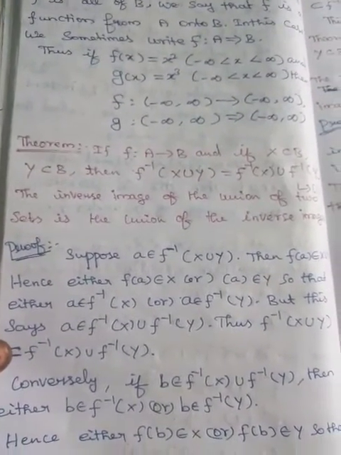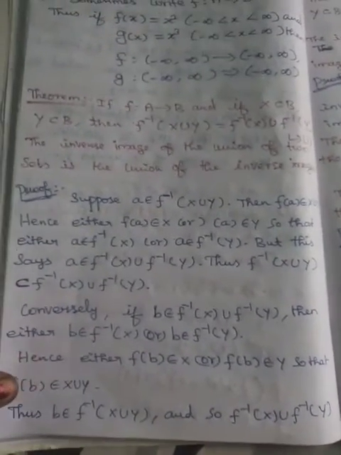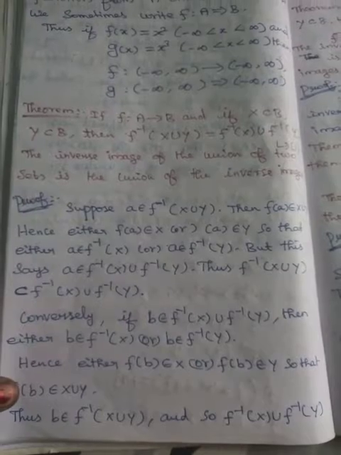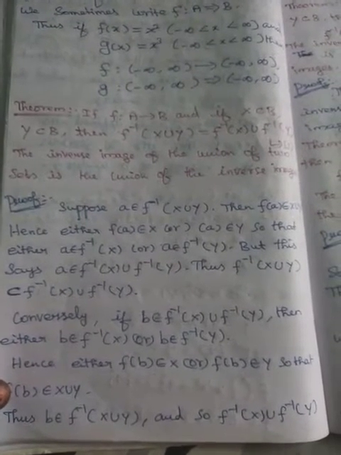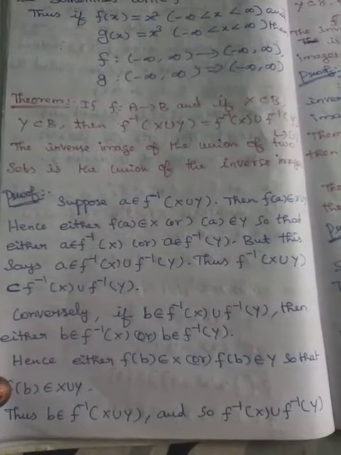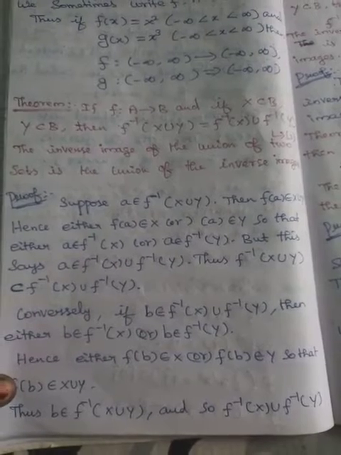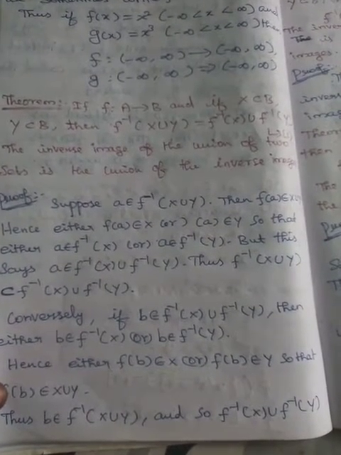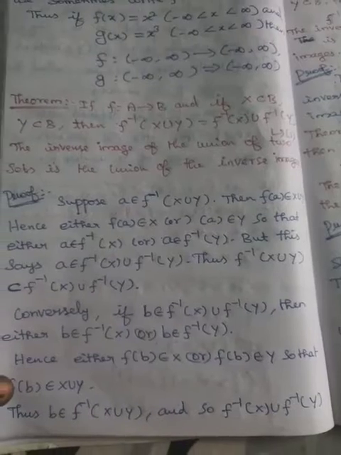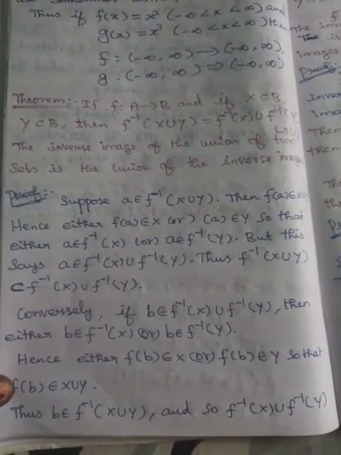Proof: suppose a belongs to f inverse of (X ∪ Y), then f(a) belongs to X ∪ Y. So hence either f(a) belongs to X or f(a) belongs to Y, so that either a belongs to f inverse of X or a belongs to f inverse of Y. But this says a belongs to f inverse of X ∪ f inverse of Y.